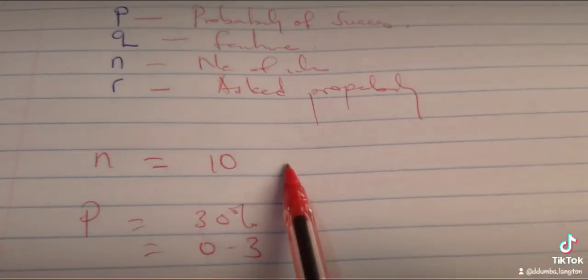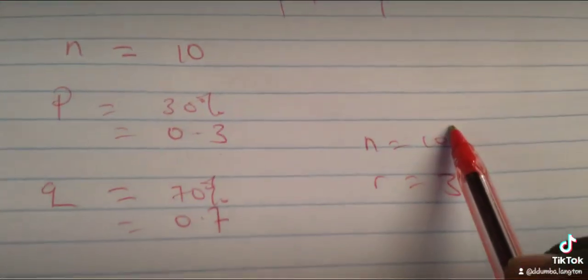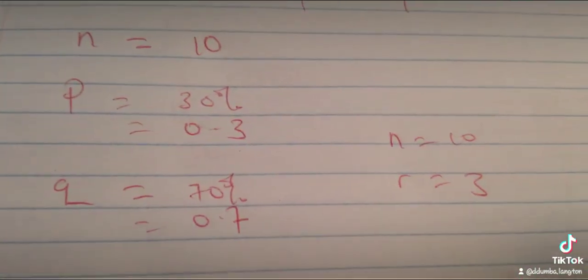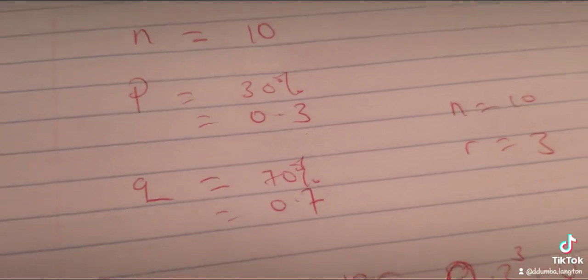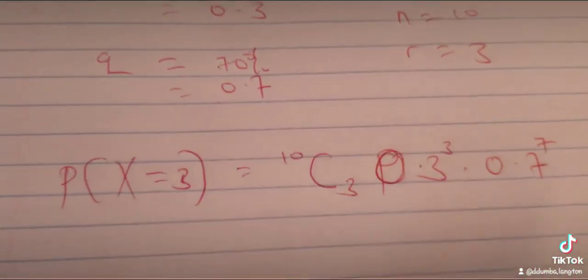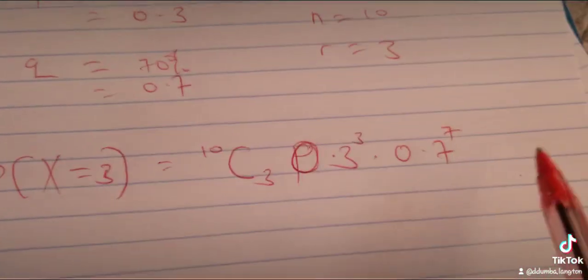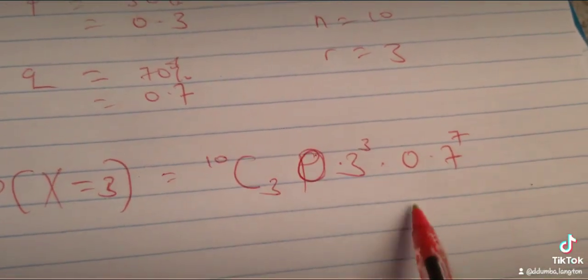What is n minus r? Our n is 10 and our r is 3. So n minus r is 10 minus 3. You end up getting 7. So this is the probability of 3 workers taking public transport. This one is always placed in a calculator.